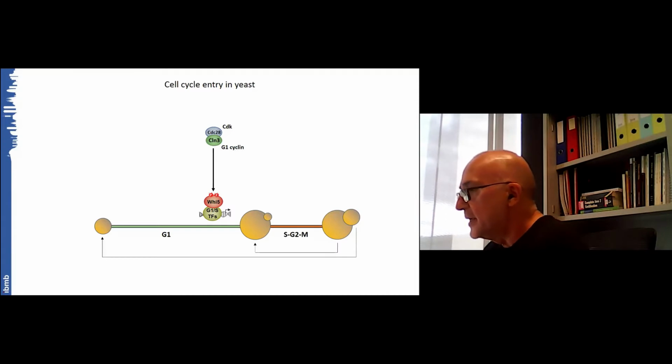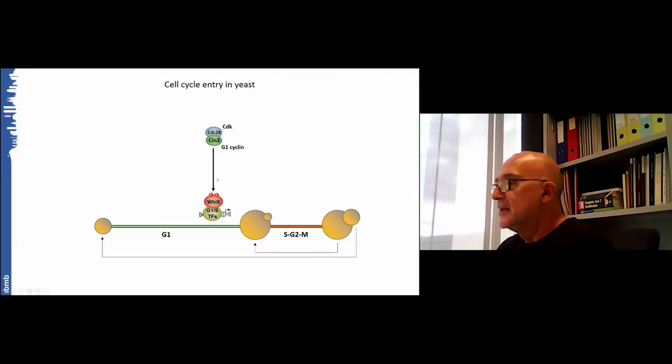So the question remained, and it still remains in a way, what are the mechanisms that, using pretty much constant levels of the CDK and the cyclin throughout G1, will allow the CDK cyclin complex the phosphorylation of the factors at the very beginning of Start.